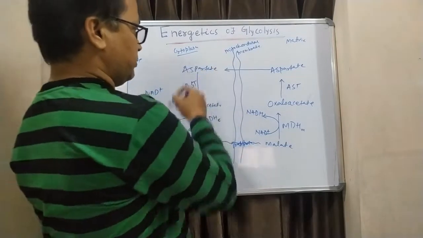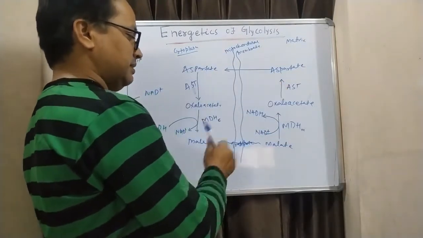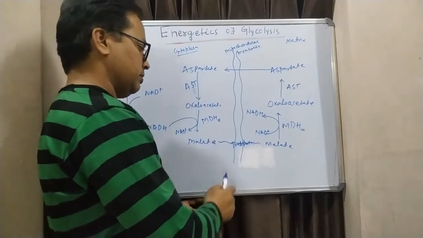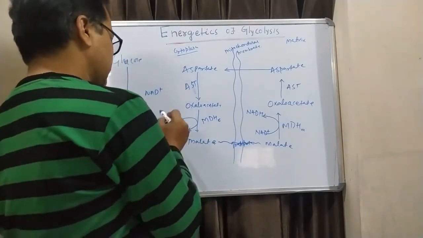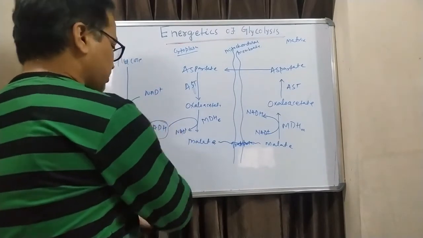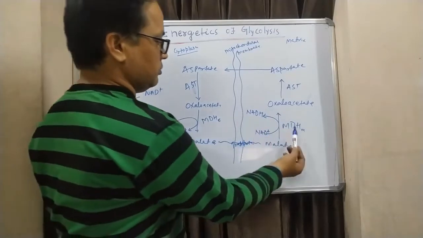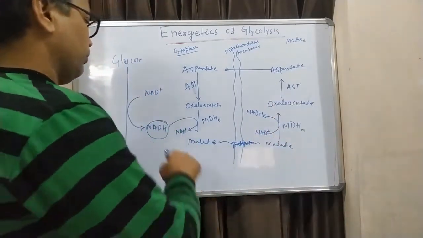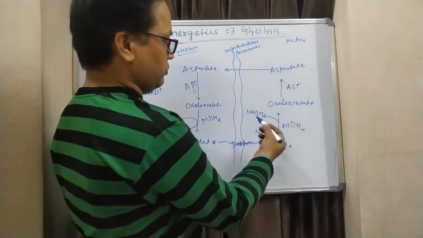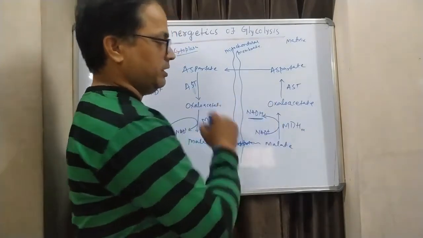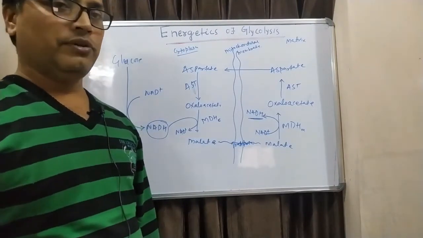So this is a cyclic process where aspartate and malate cross the mitochondrial membrane, and in return carry the electron and proton which this NADH has to the mitochondria. So we use cytoplasmic NADH here, and in return we get the same NADH, so there is no loss of any kind of equivalent.